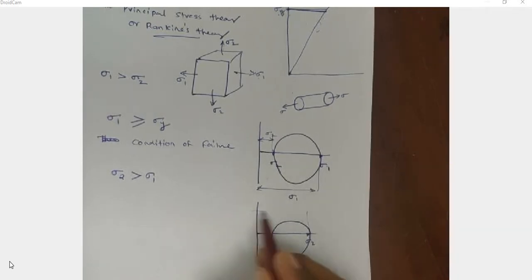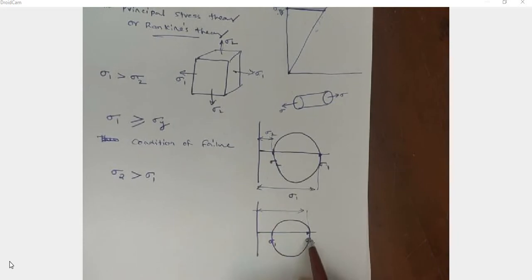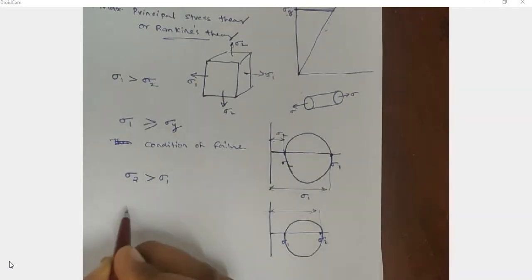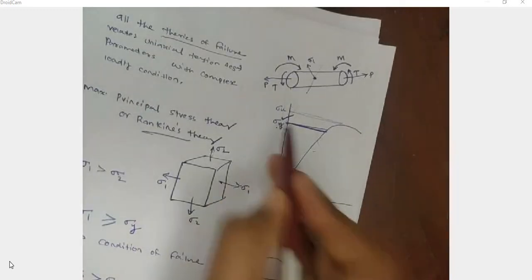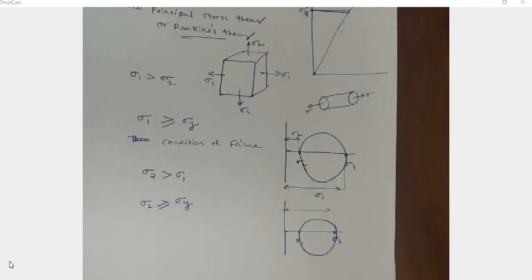So sigma 2 is the maximum principal stress. The condition is sigma 2 is greater than or equal to sigma y, where sigma y is the yield stress. So that is the second condition for failure.